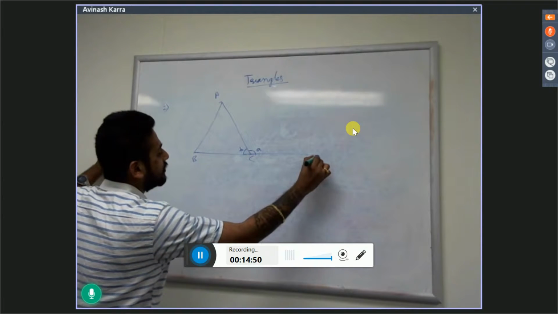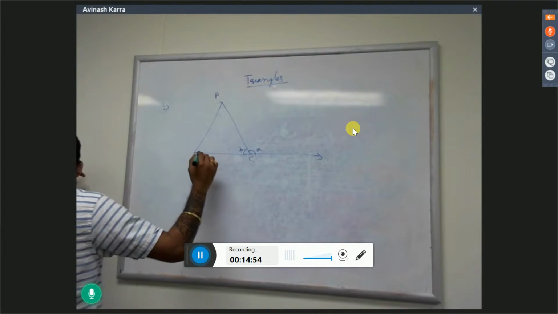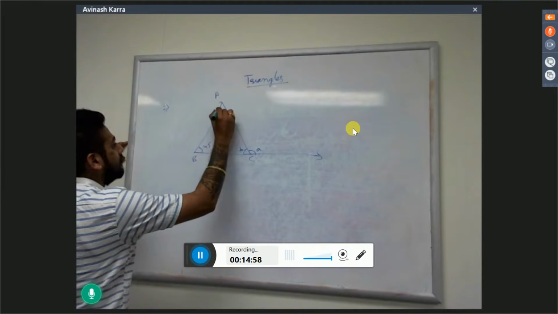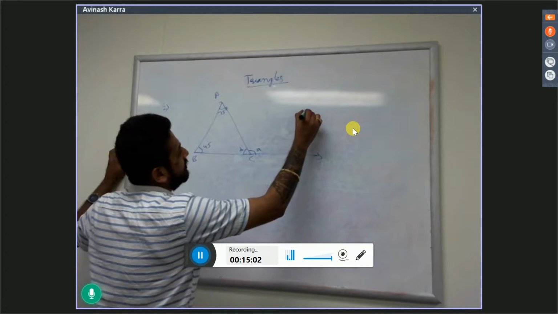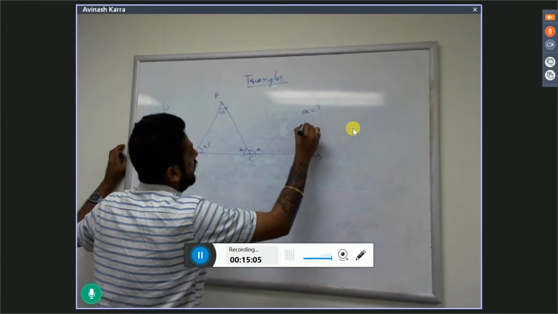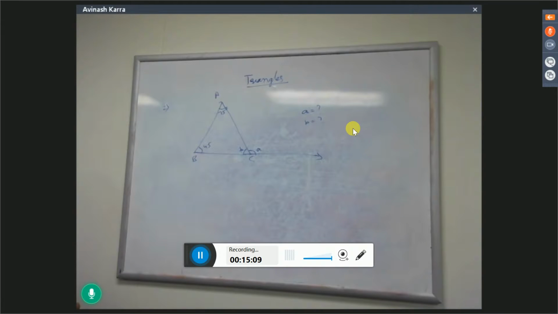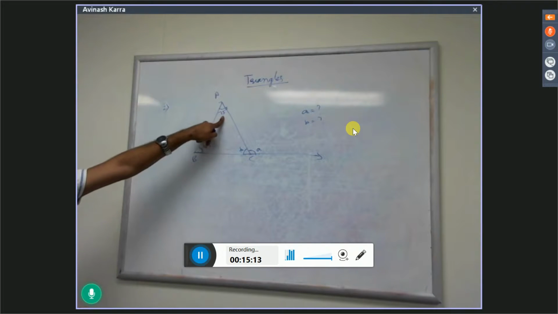C. Can you find the value of A and B? This is 45 and this is 75.